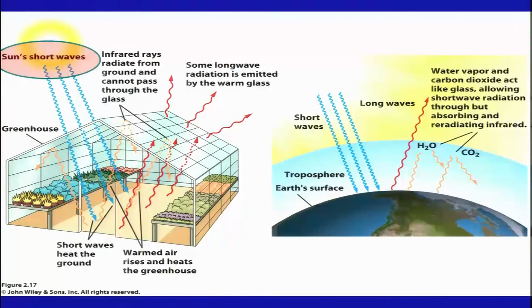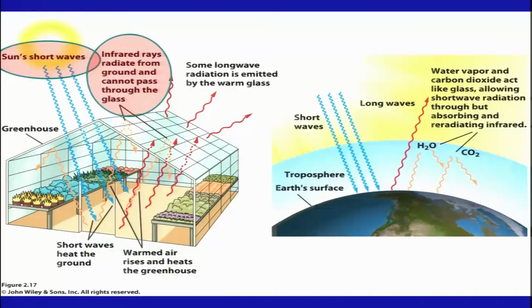If you carefully see, this blue is the short wave which is coming here, and then you have this orange color, which are the infrared rays radiated from the ground, but they cannot pass through the glass, and the glass is very much similar to your atmosphere.